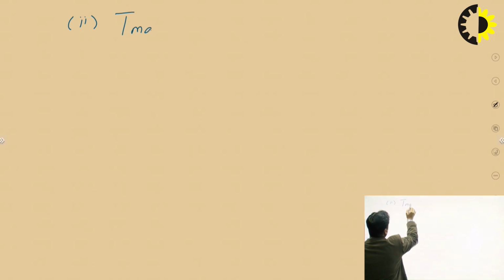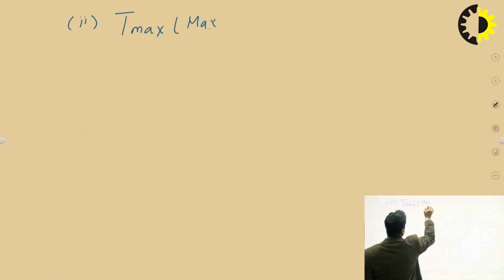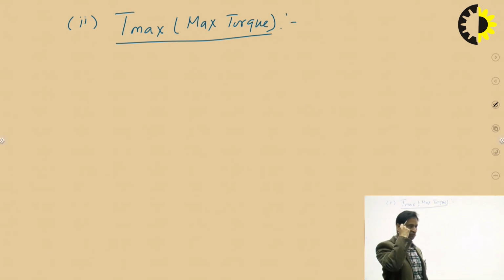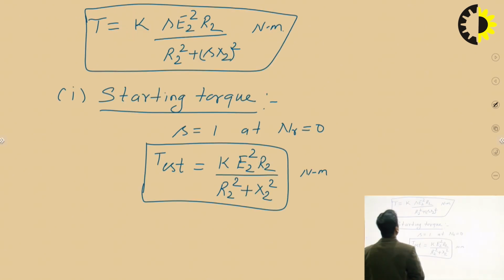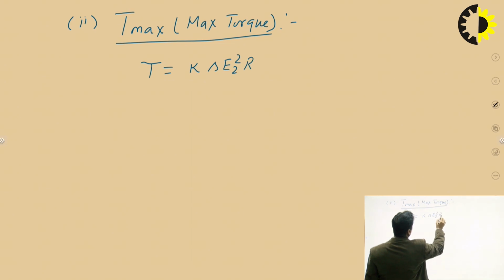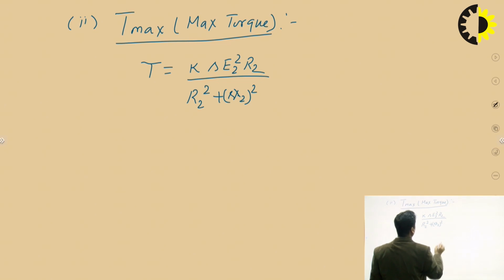Now, the second point is the maximum torque. How much maximum torque will be there, and at what slip? First of all, we know that the torque is given by K times S E2 square R2 upon R2 square plus S X2 square.